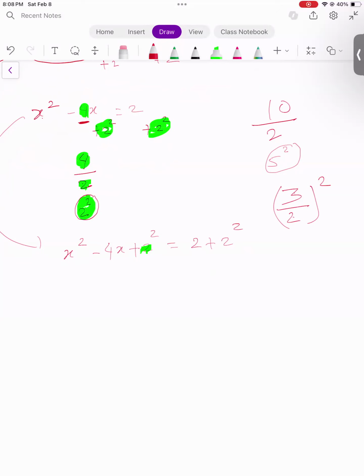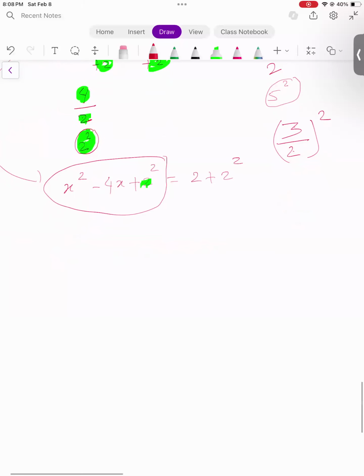Now, we have these 3 terms on the left side. We can rewrite these 3 terms as a square of a binomial. To rewrite that, you take x from the first square term, you take 2 from the last square term, and in between these two terms, we take the sign of the middle term.